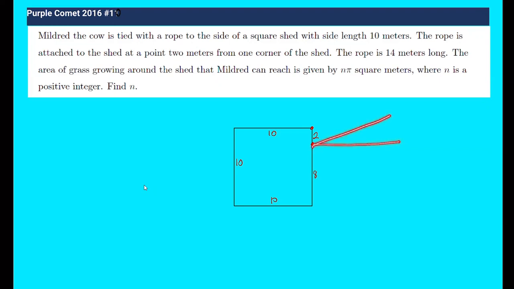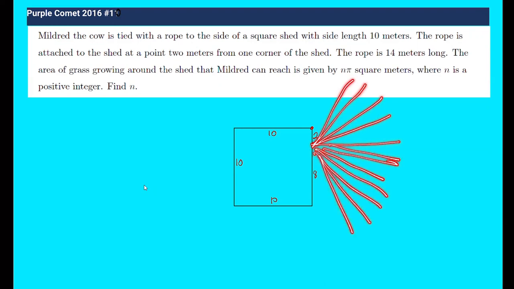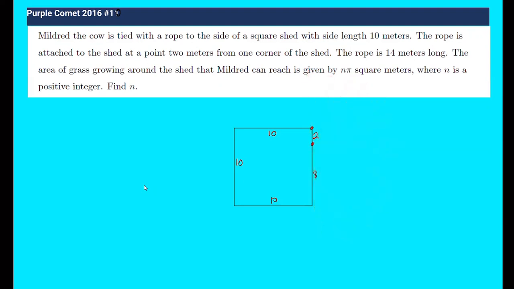I can have 14, 14 like that. If you do a few in your head, you can actually see what's going on. Since this is going to be all directions, it will be a square, sometimes quarter circles, sometimes half circles.